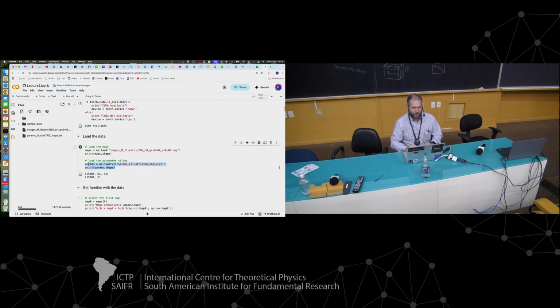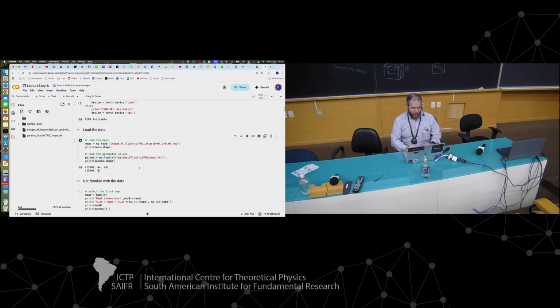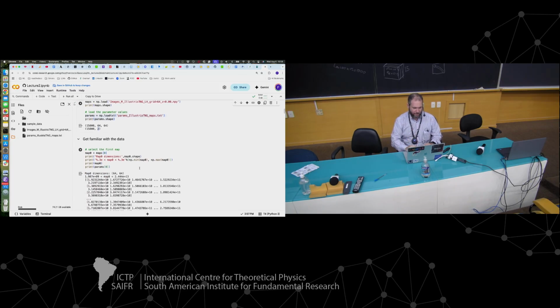For the cosmological parameters, we have a file with 15,000 entries, and in this case we only have two parameters, omega matter and sigma 8. There are no astrophysical parameters. I think even in this simulation I varied the astrophysical parameters, but for some reason I didn't include them. It doesn't really matter.